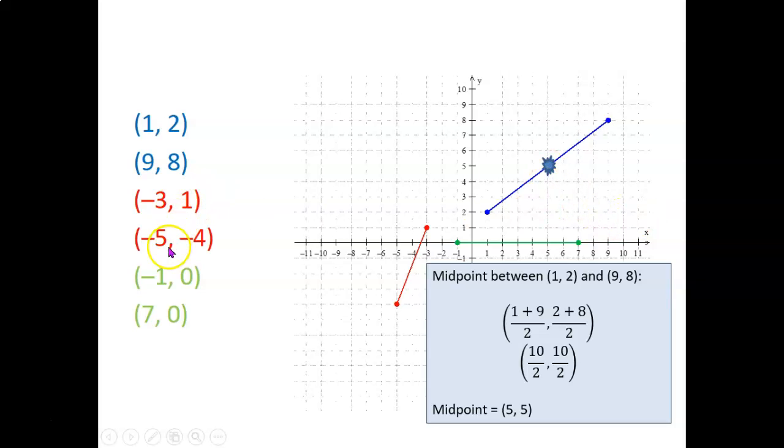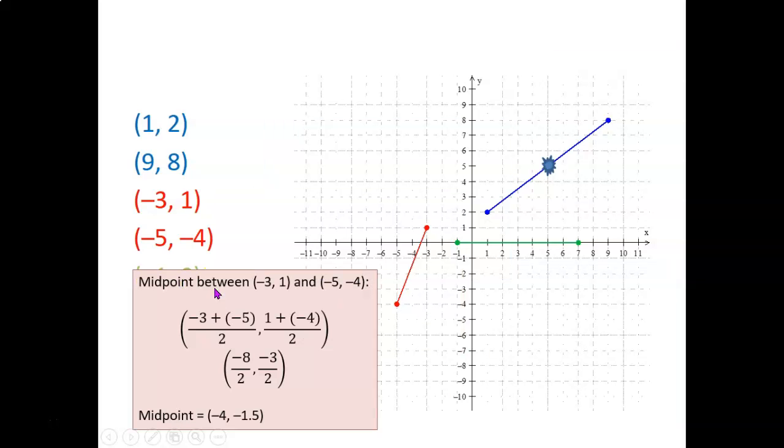Okay, let's try the 2 red points. What's the point halfway between those, the midpoint there? Take the x-coordinates, -3 plus -5, add them together to get -8, and divide by 2 to get -4. So halfway between -3 and -5 would be -4. Now look at the y-coordinates. We've got a +1 plus a -4.